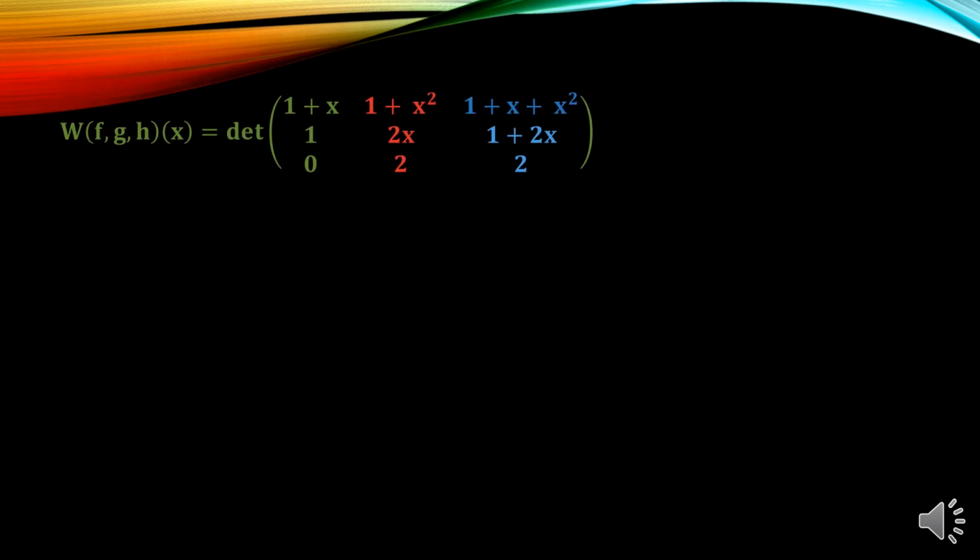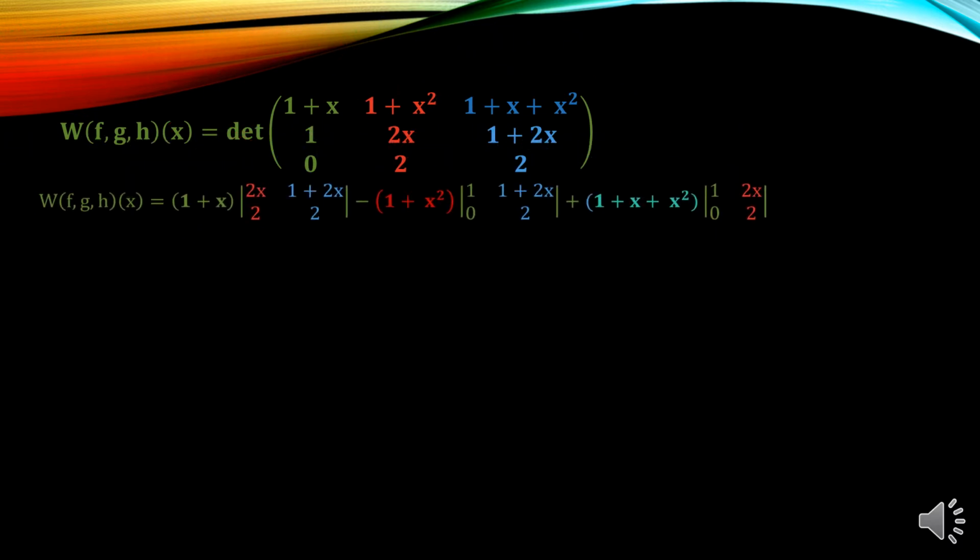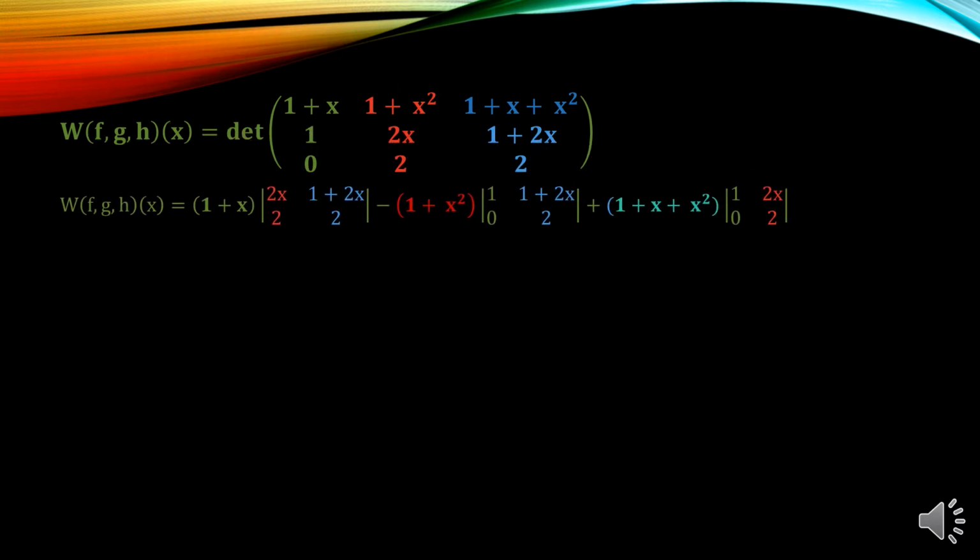Now we need to get the determinant. Now the determinant of a 3 by 3 matrix, how do we do that? We are picking the first element, which is 1 plus x. When you are picking 1 plus x and you're at that row, the 1 plus x raised to the power of 2 and 1 plus x raised to the power of 2 will become 0 on that row, and that still at the same element 1 plus x, the 1 and 0 will become 0, and you remain with the 2x and 2, and then you remain with 1 plus 2x and 2.